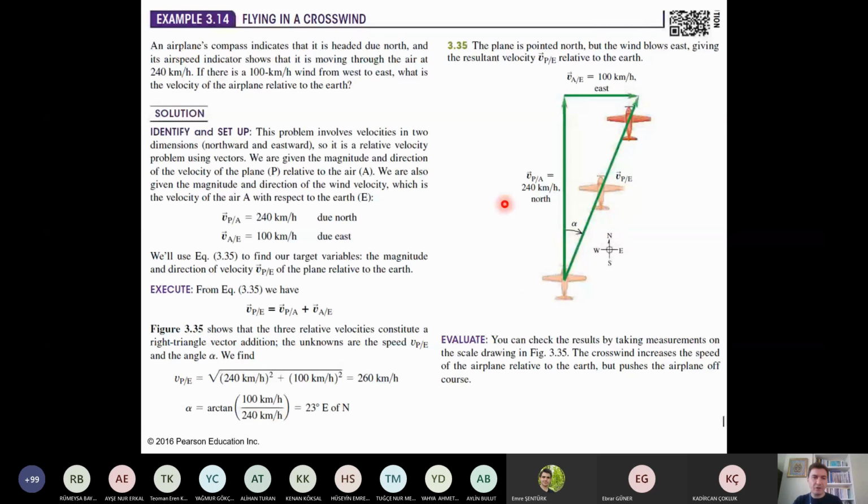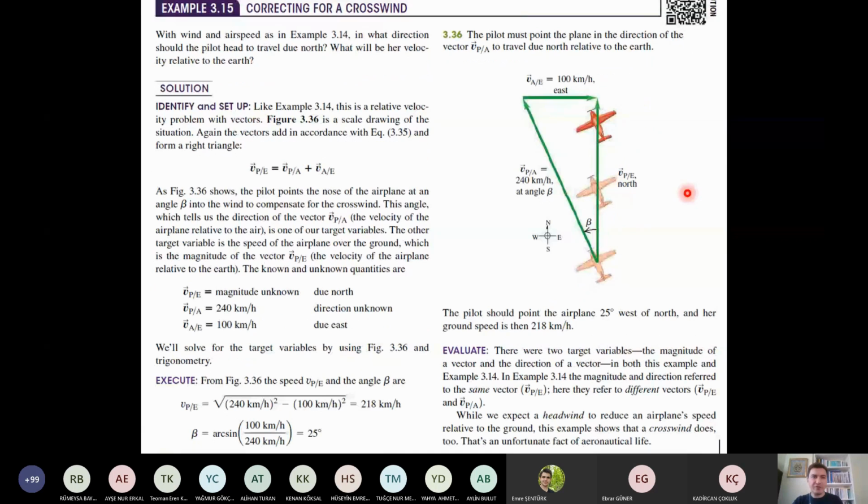In this formula, tangent alpha, or alpha is equal to arctangent of 100 km per hour over 240 km per hour. So kilometer per hour will cancel each other. Then the alpha in degrees is 23 degrees east of north. This is the north direction, and it is 23 degrees east of north. Do you have any question here related to this part?